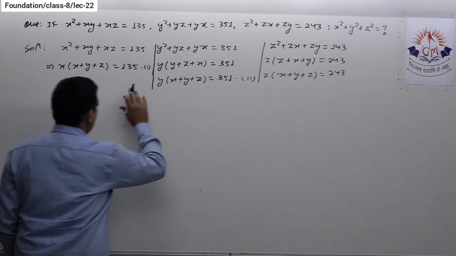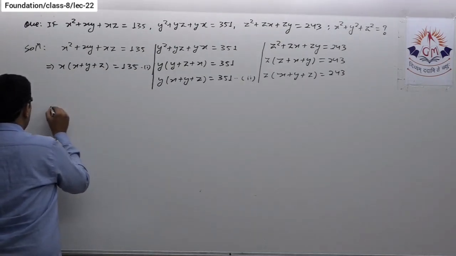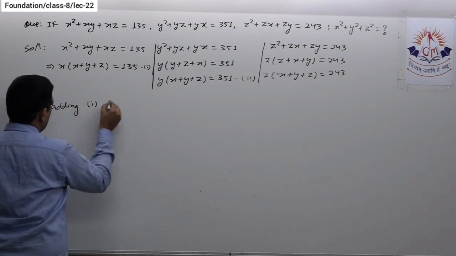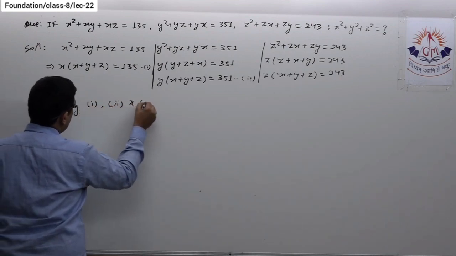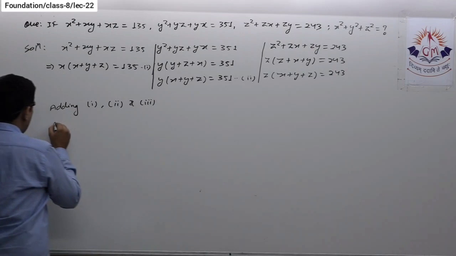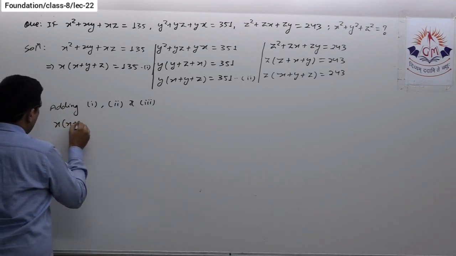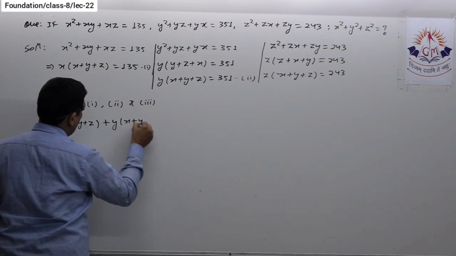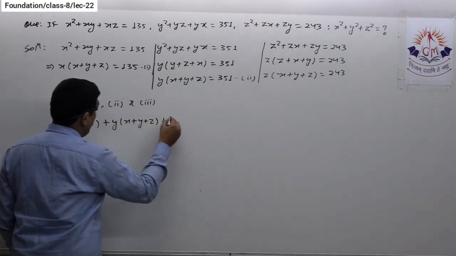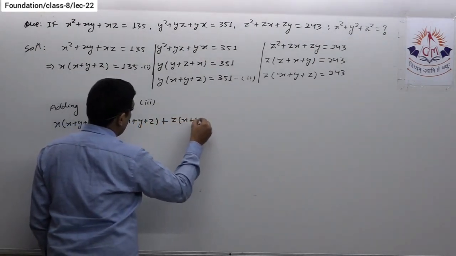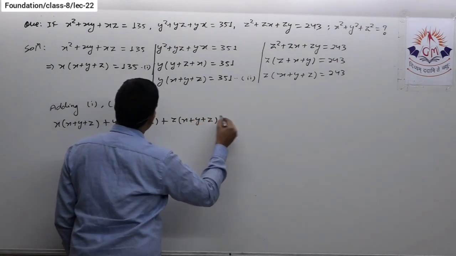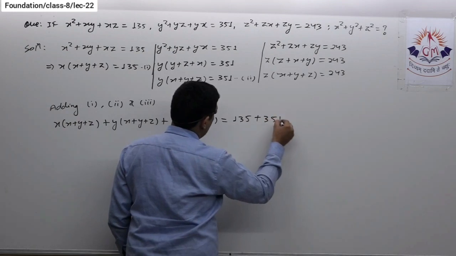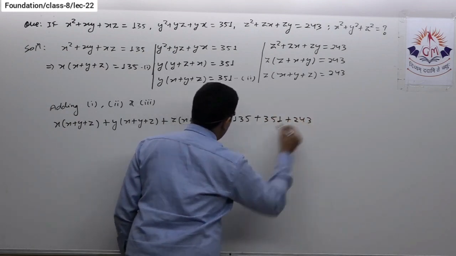Now, if I add these three equations, let us see what we will get. Adding first, second and third, I get x times (x plus y plus z), plus y times (x plus y plus z), plus z times (x plus y plus z) is equal to 135 plus 351 plus 243.